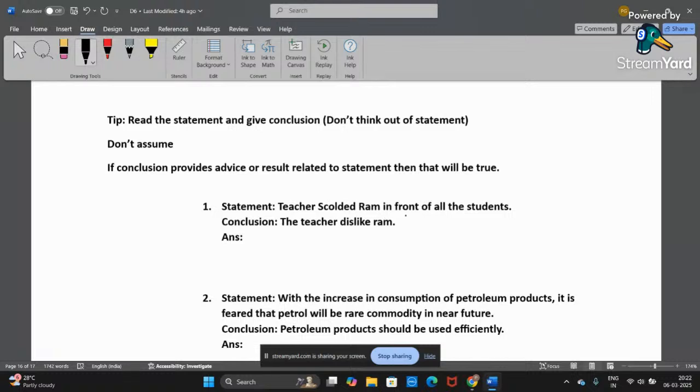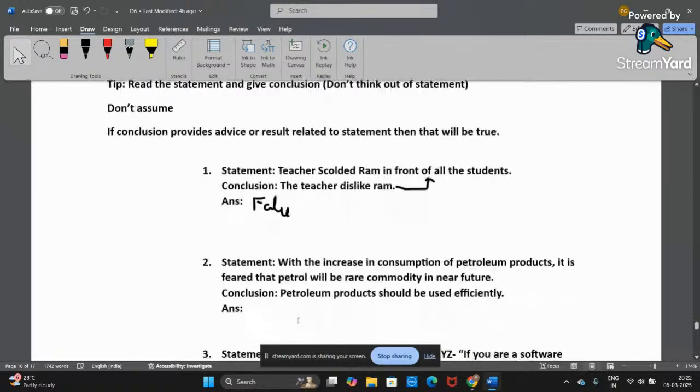Teacher scolded Ram in front of all the students. The teacher disliked Ram. Is it correct? No. This is not satisfying the conclusion. Right. So this is false. We'll move on to the next.